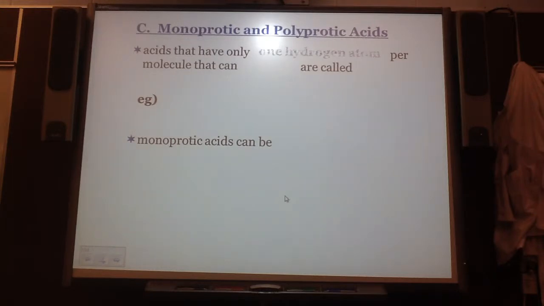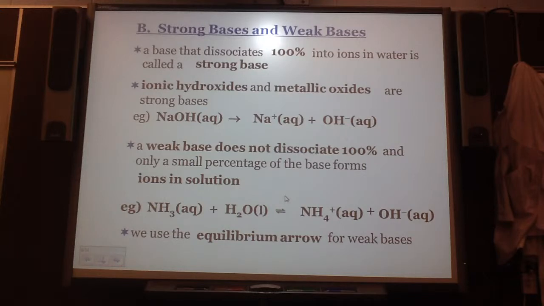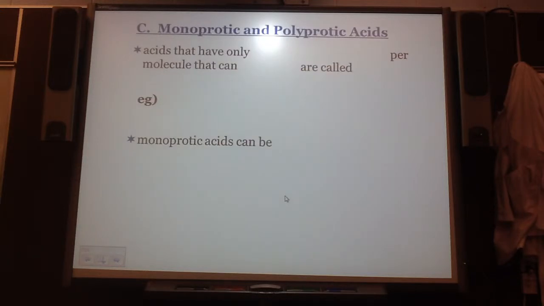Acids that have only one, okay, so this is now another topic. This is the monoprotic side of the lesson. So we just did strong and weak. Now, we already have talked about this a little bit, but this is your formal notes on it.